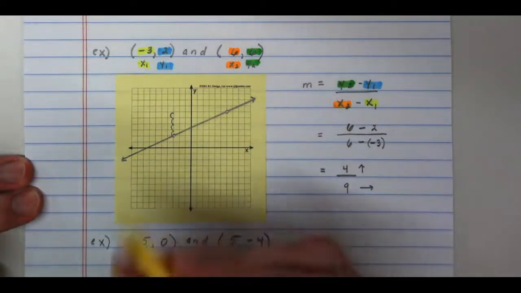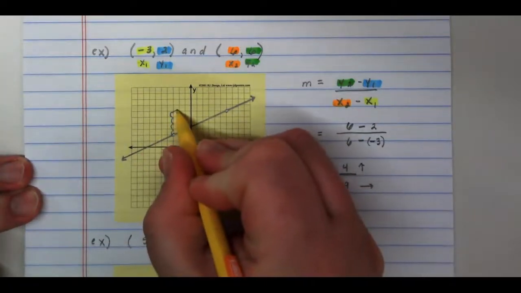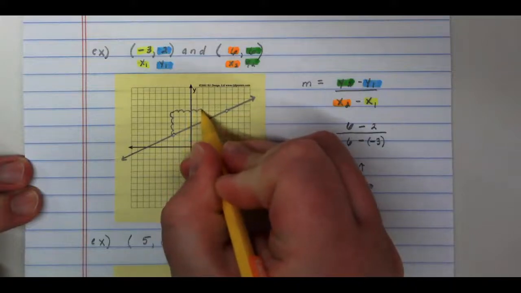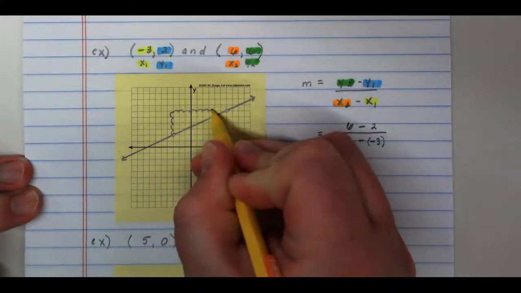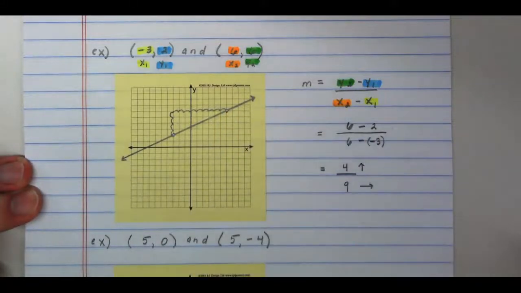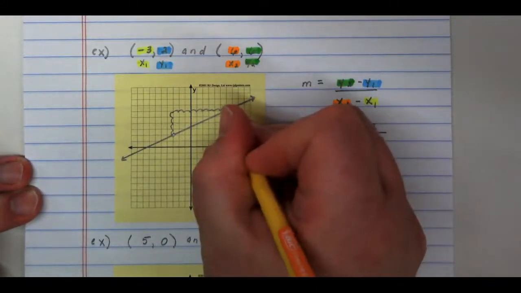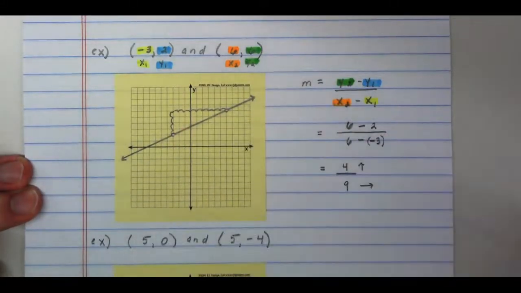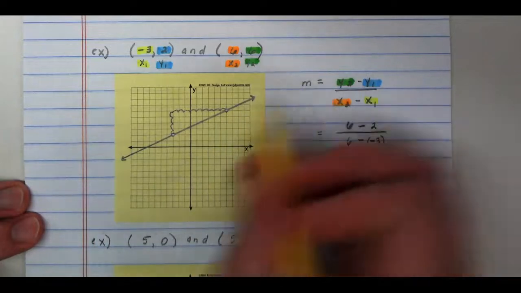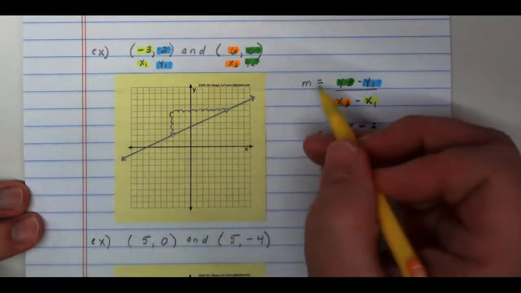And then over 9: 1, 2, 6, 7, 8, 9. See how I get to the next point at that spot. So that is our slope value. It's positive 4 over 9. And we know that it's positive because as we move from left to right on the graph, it's increasing, or going up.